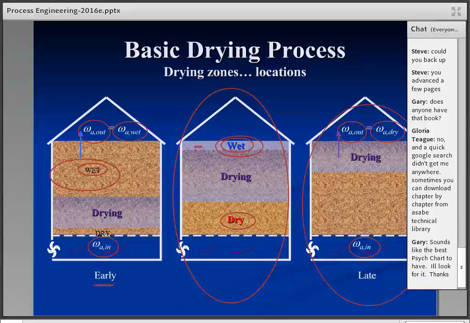So anyway, if you have a problem and you're talking early in the process and the material at the top of the dryer is still wet, then you've got this relationship here. As you get later in the process, you may not know the outlet condition, and so you may not be able to make a calculation at all without doing what I call a deeper analysis.